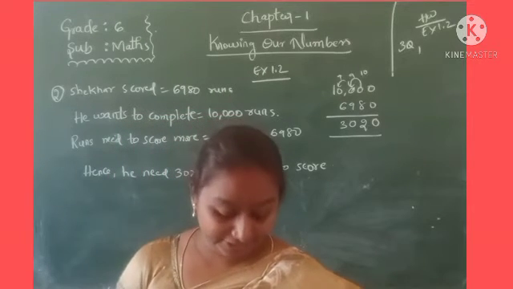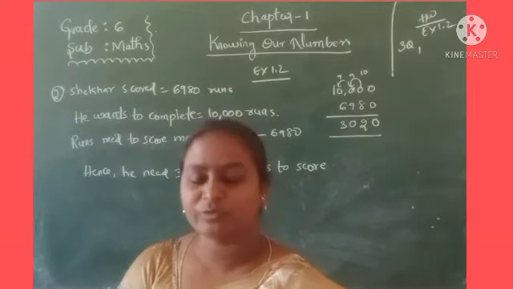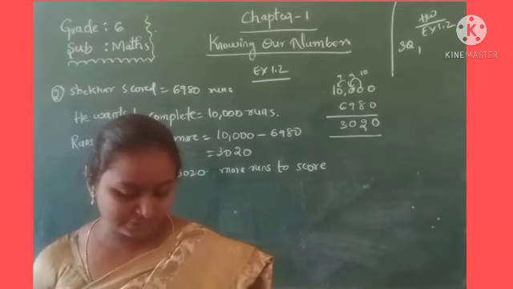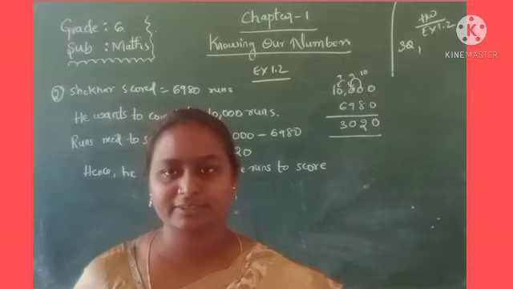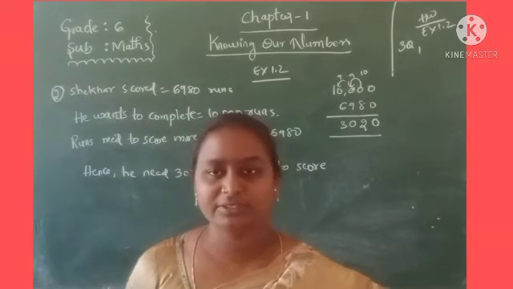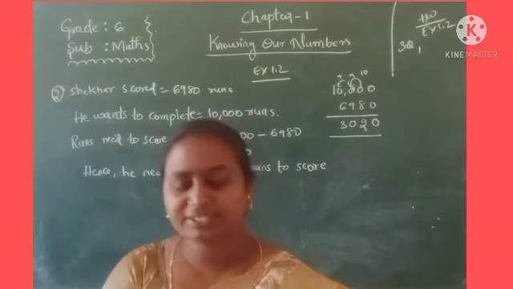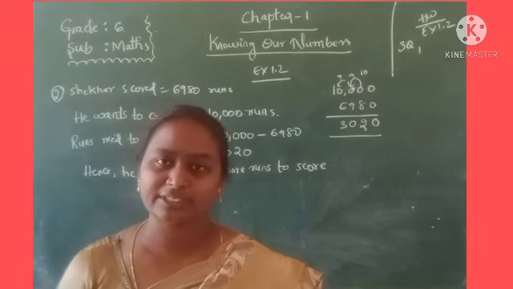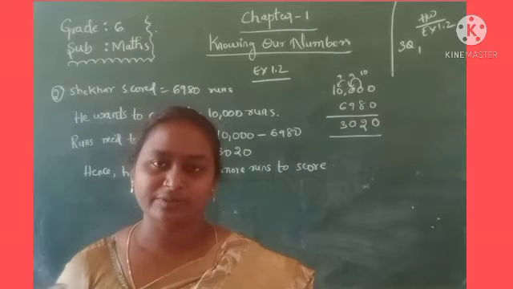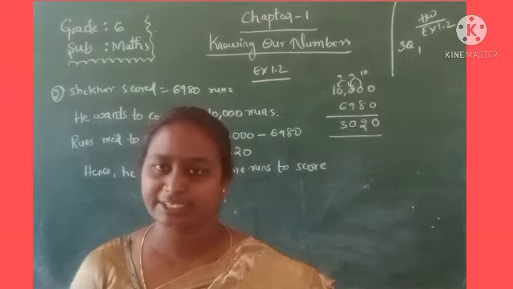Then the question is, how much was the sale for the 2 weeks together? How much worth did she get from the sale of books in the 2 weeks together? You have to find it. Very good. For the first week and second week of June, you have to do the addition first.